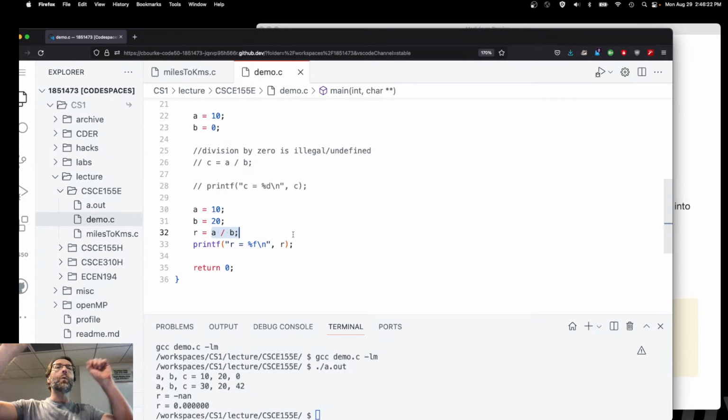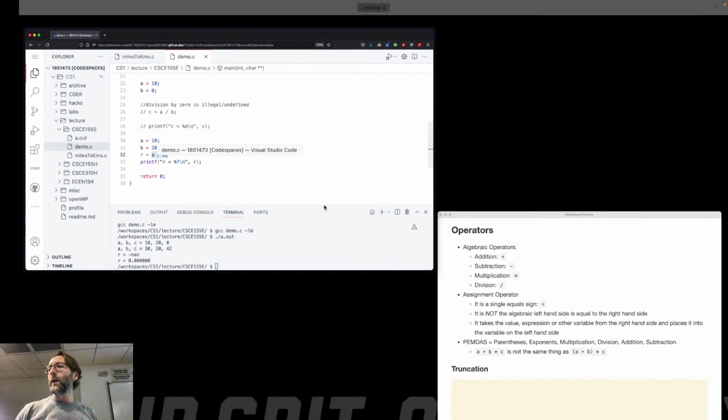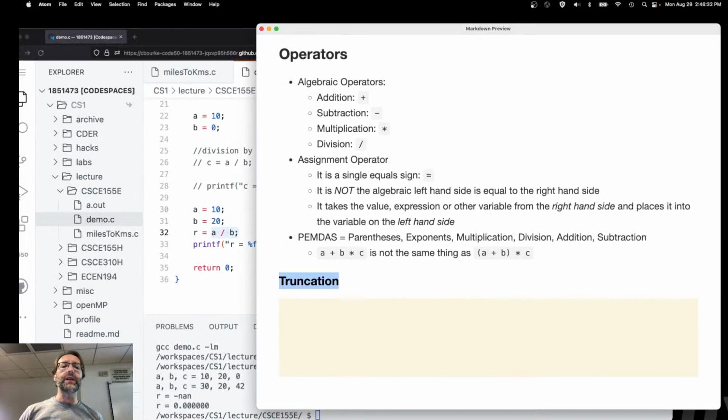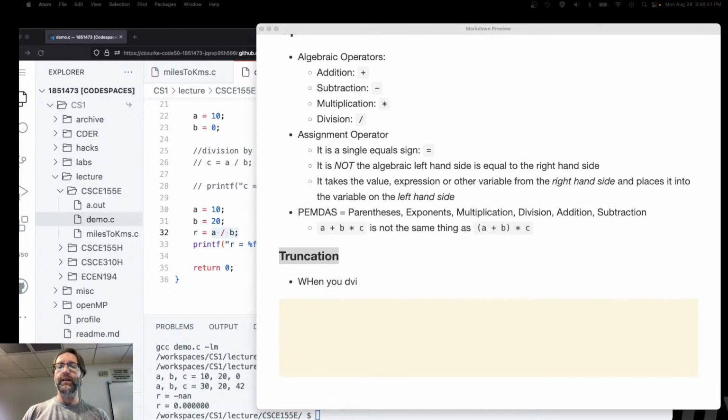So now think about this. 0.5. What is the integer part of that? 0. What happens to the 0.5? It gets chopped off and thrown away. That is known as truncation, right? When you divide an integer by an integer, the result is always an integer.